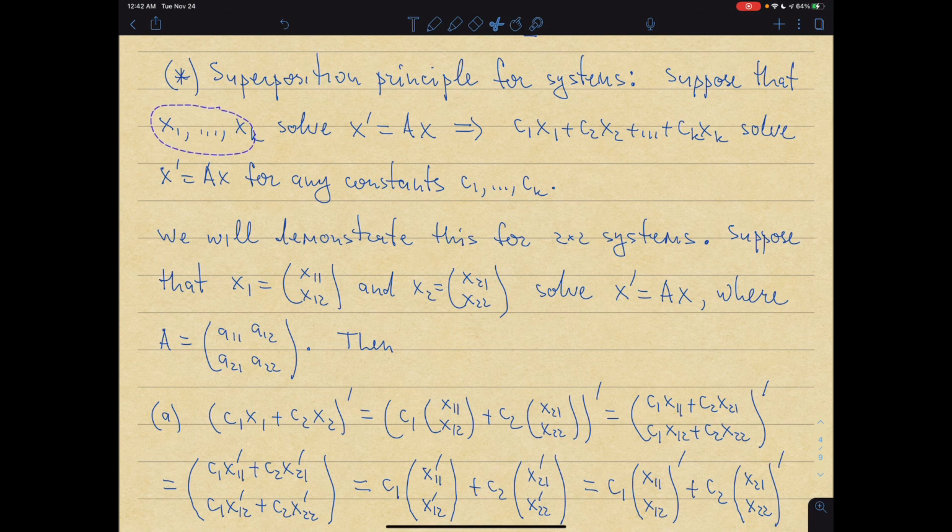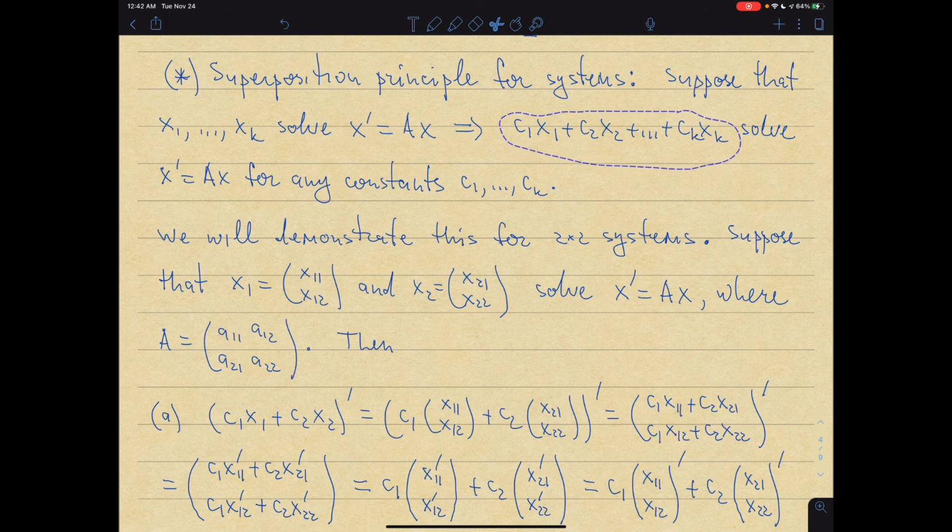And this can be shown to be true in exactly the same way here, that exactly the same property holds. If I have a bunch of solutions of my matrix equation and I add them together with arbitrary coefficients, then the result is also a solution of the same equation.